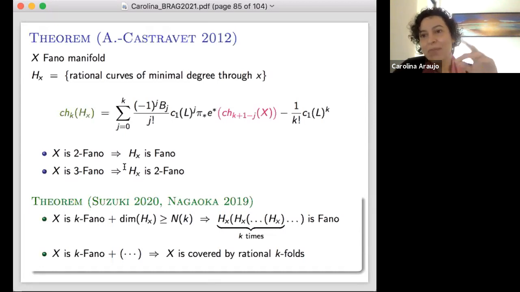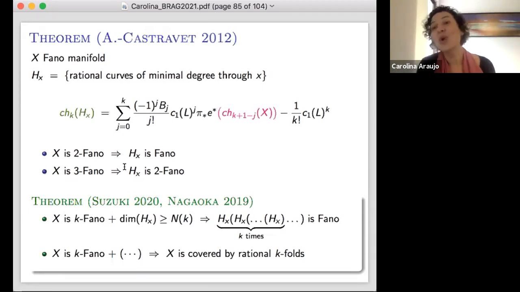Maybe today I'm not brave enough to make this conjecture, so maybe I put it as a question: we do not know of any example of a 2 Fano manifold with Picard rank different than 1. So there may not be any recipe to cook up different 2 Fanos from other 2 Fanos.